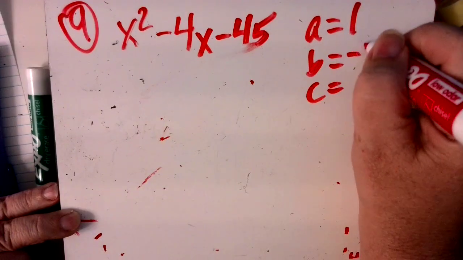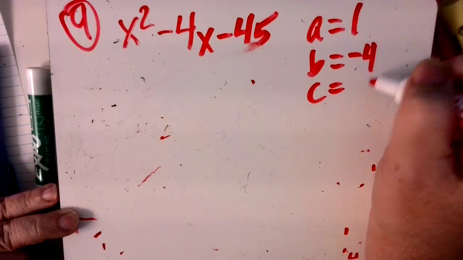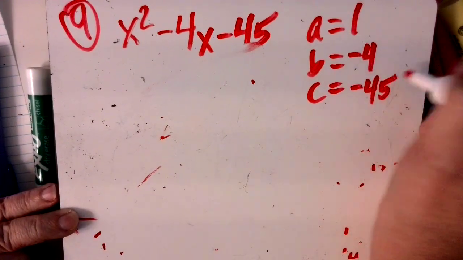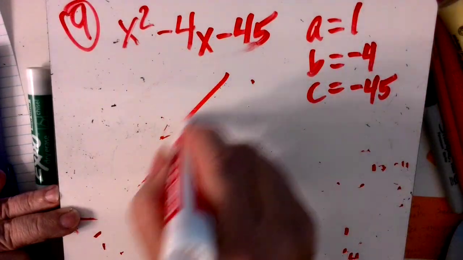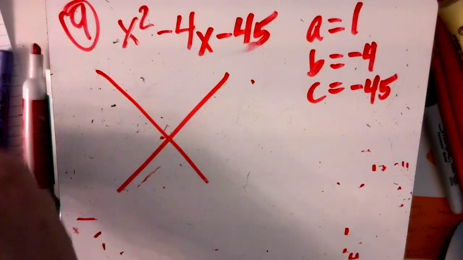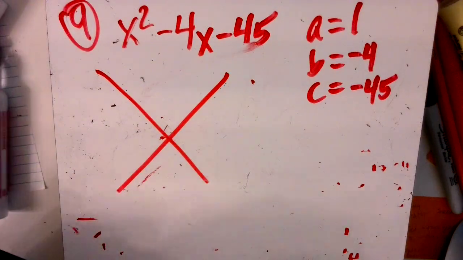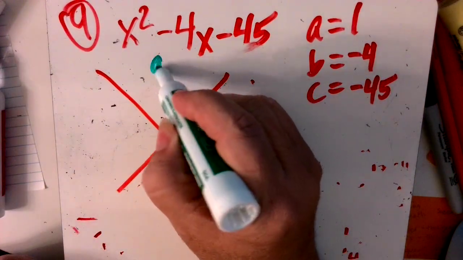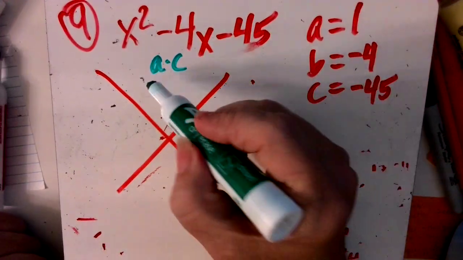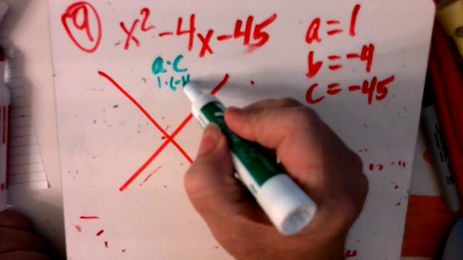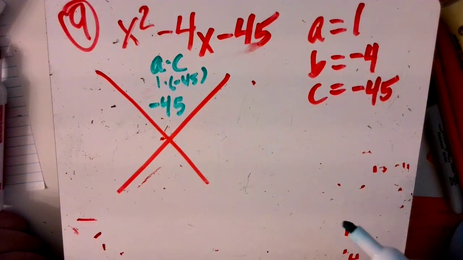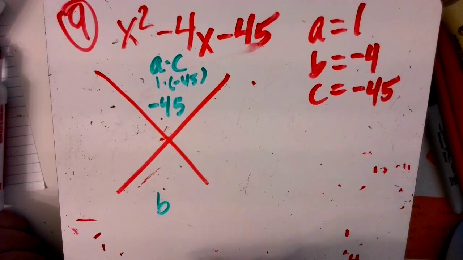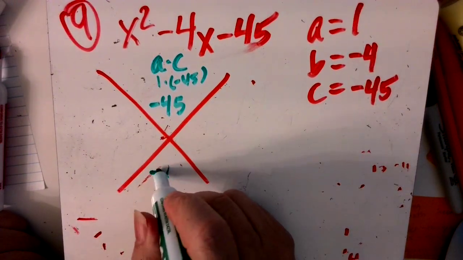B is the number next to x, or the coefficient, which is negative 4. And C is negative 45. Okay, I draw my x. On the top, this is A times C, so 1 times negative 45 is negative 45. On the bottom, I put B, so B is negative 4.